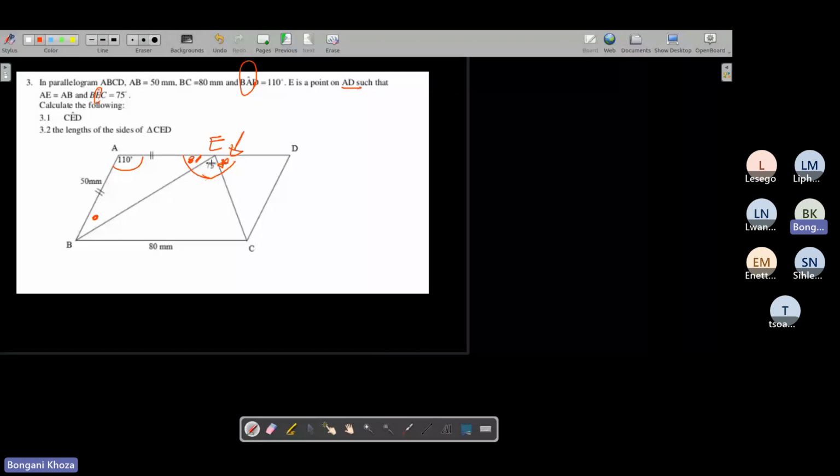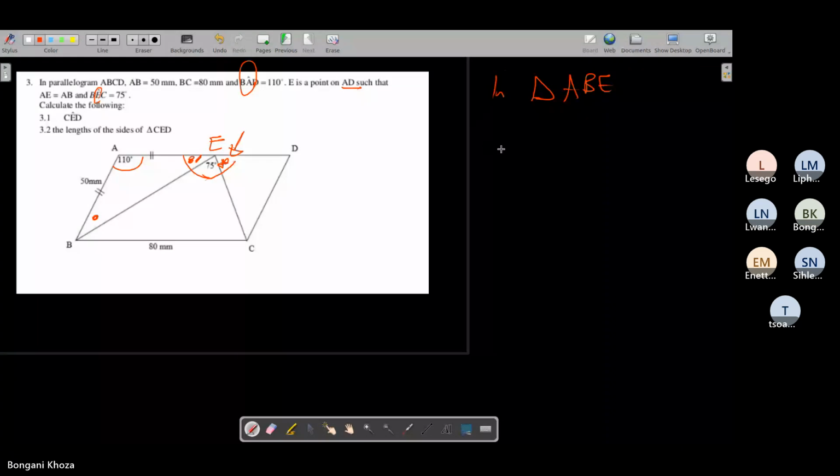So what type of triangle is ABE? ABE, we have two sides that are equal. That's an isosceles triangle. So we can say that angle B is equal to angle E in this triangle.